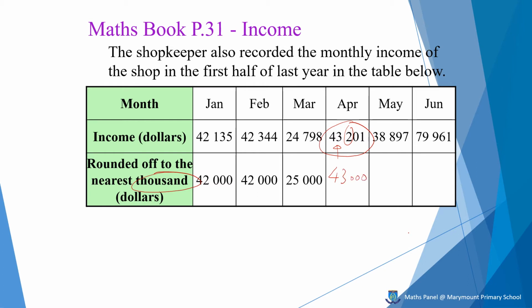Okay, so for this one, the thousands place is 8, and then look at the digit at the right hand side, which is 8. That means 8 needs to add 1, that is 39. Okay, for this case, 9 is larger than 5, that means 79 needs to add 1, that is 80.